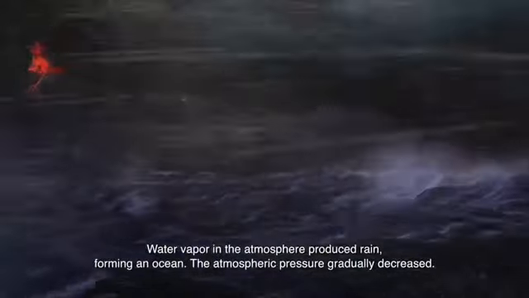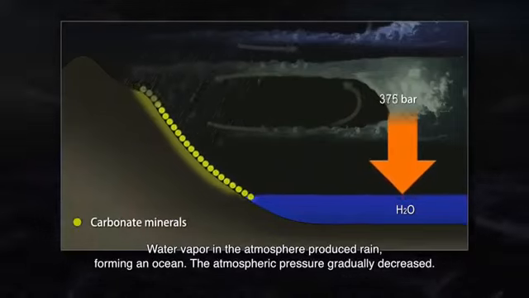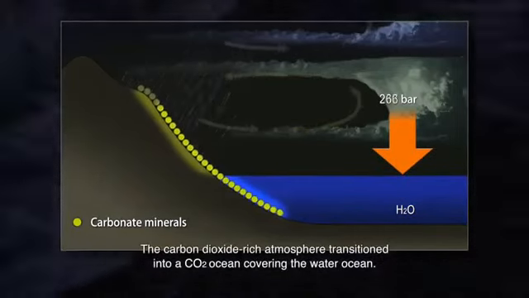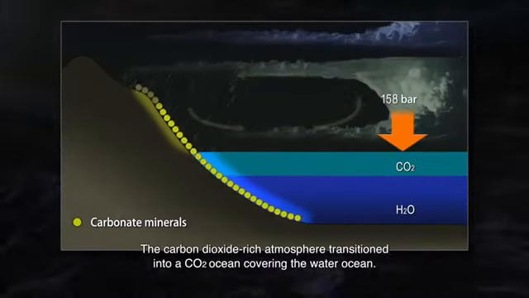Water vapor in the atmosphere produced rain, forming an ocean. The atmospheric pressure gradually decreased. The carbon dioxide-rich atmosphere transitioned into a CO2 ocean covering the water ocean.